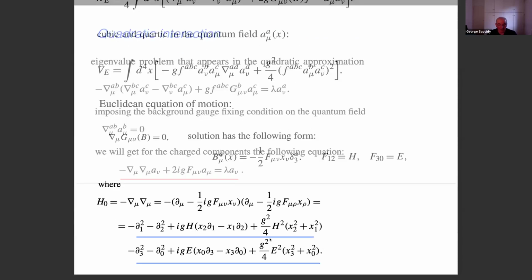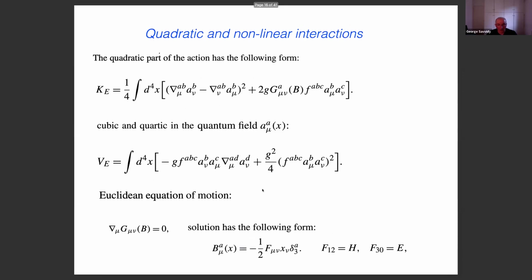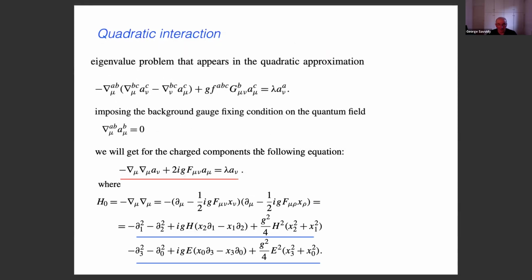Okay, so to somehow take the path integral, we need to know the spectrum of the quantum fields in this B field. So the equation is here.